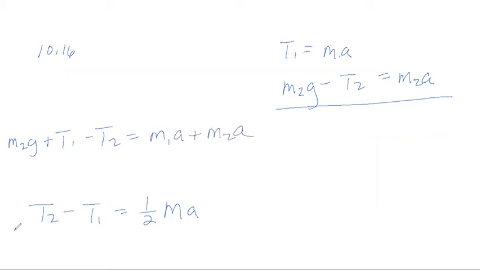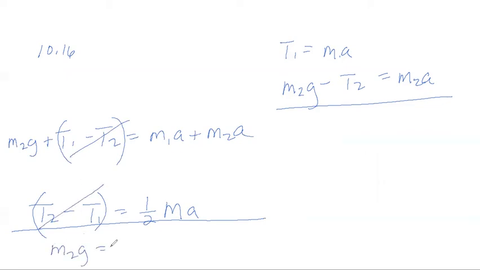Now if I add these, this and this will cancel, you see that? So those will go away and I'll get M2G equals M1A plus M2A plus 1/2 big M, the mass of the pulley, A.